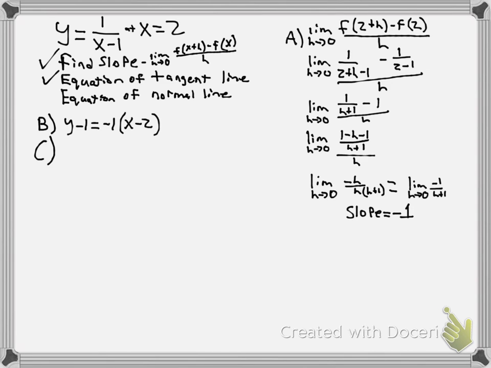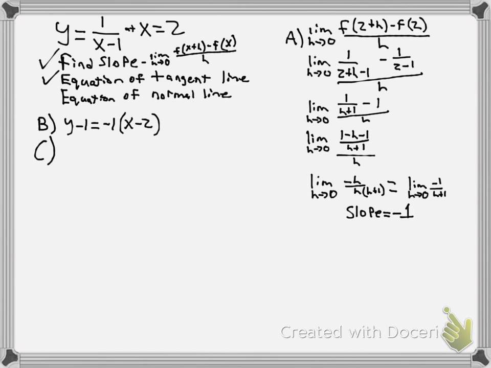What about our definition for perpendicular lines? Two lines are said to be perpendicular if and only if the product of their slopes is equal to negative 1.